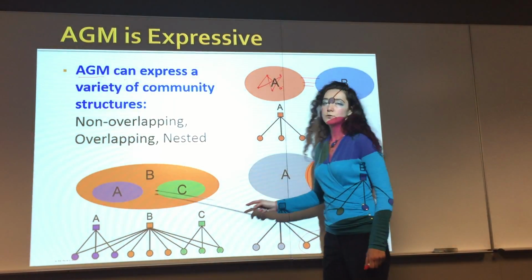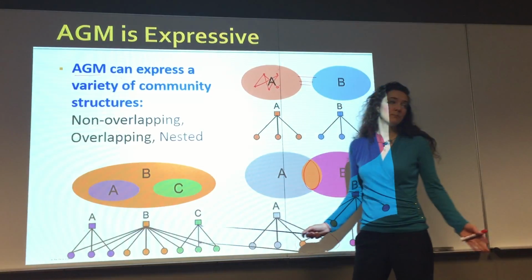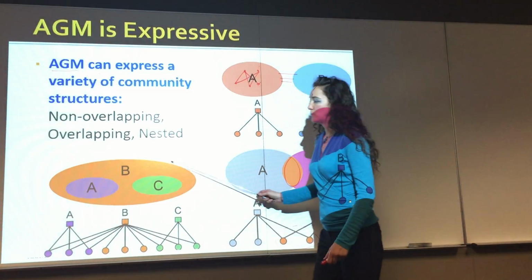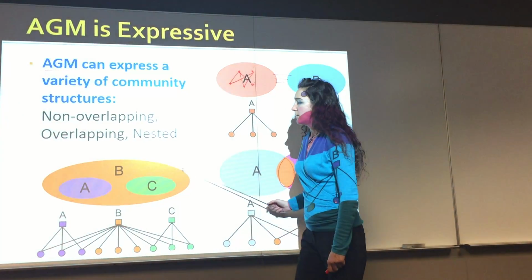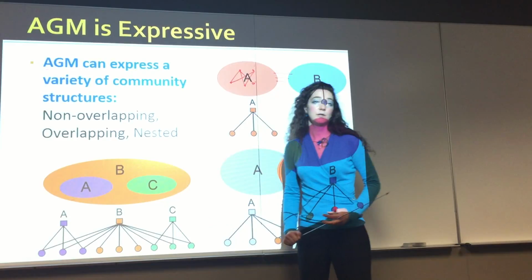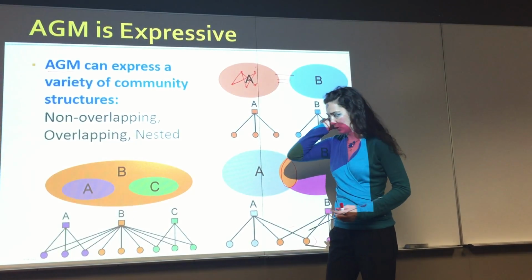How are we going to model the nested ones? Very similar to the overlapping ones. There is a big parent community that contains both A and C, even though A and C do not overlap with each other.